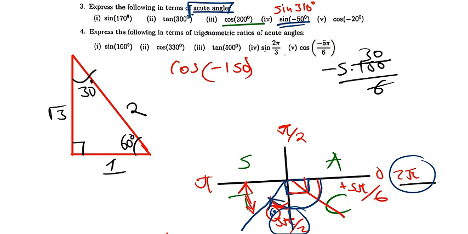So that means we're remaining with only an extra 30. Okay, it means we're remaining with a 30 between the 180 and our angle.